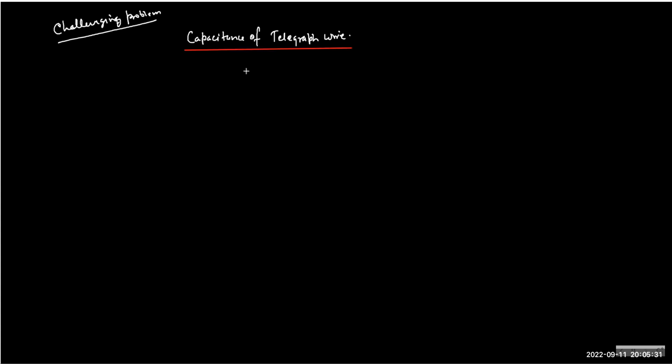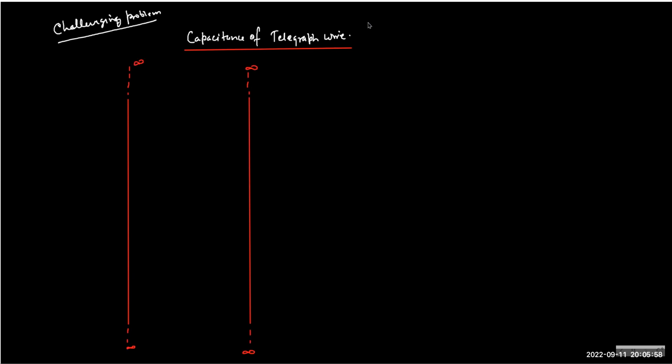The way to understand a telegraph wire is that it's basically two current carrying wires. So you can think of this as two cylinders. These are two infinite wires, because telegraph wires are spread across the city, so they are definitely very large in length.